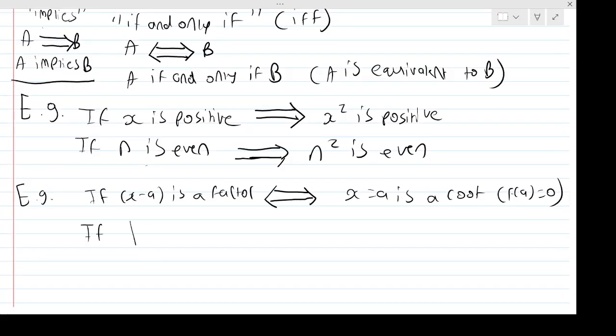Okay, another example: if we have a discriminant greater than 0, then that means, if and only if, there are two distinct real roots, and I'm talking about quadratics here.